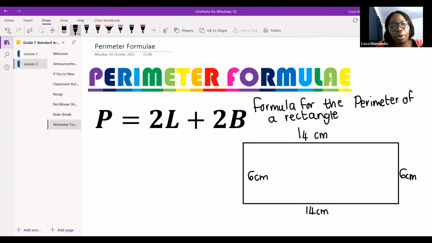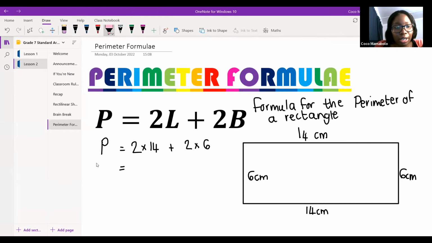This is not area, Sange. This is still perimeter. So the perimeter is going to equal 2 multiplied by my length, which is 14, plus 2 multiplied by my breadth, which is 6. So you cannot then go 2 times 14 times 2 times 6. No, there's a plus in the middle.